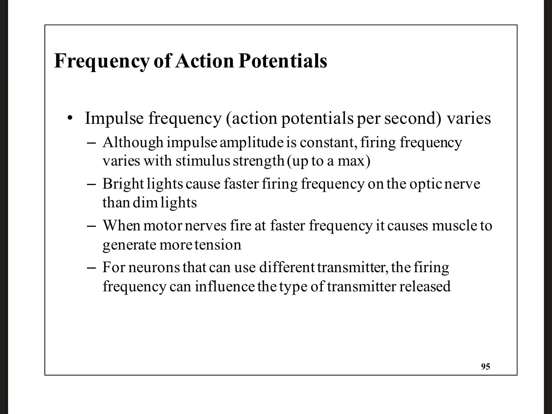Which neurotransmitter is released from that neuron can be determined by how often that action potential comes down the neuron. The faster it happens, maybe it releases adrenaline or epinephrine, right? The slower it happens, maybe it releases acetylcholine, back and forth, as examples, right? So it's just the ways to control the signal that's being released.